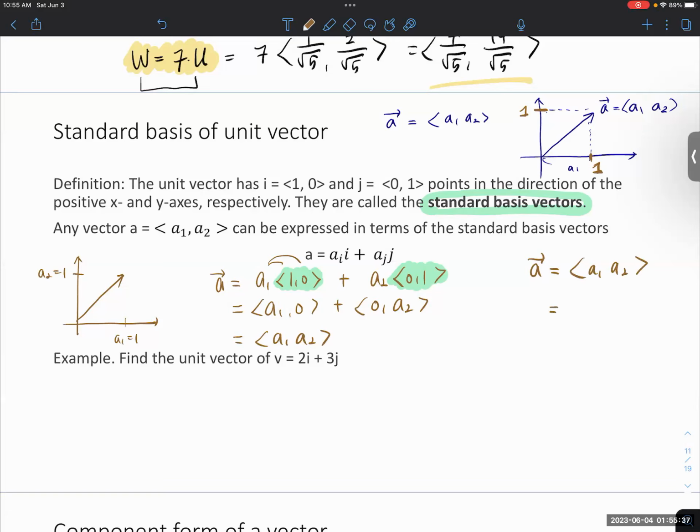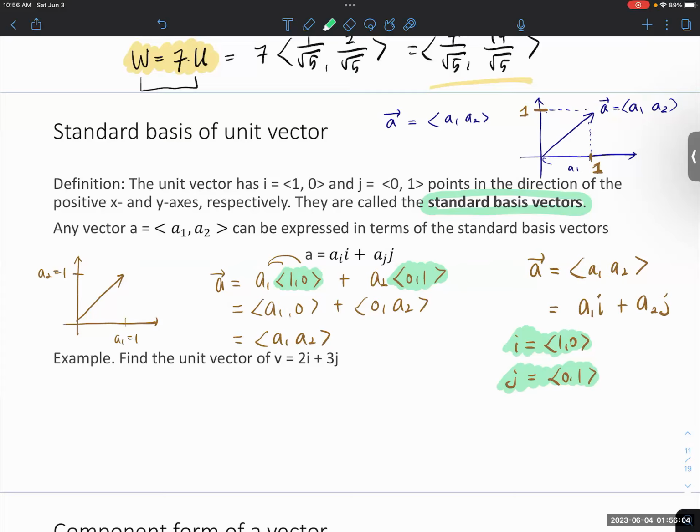You can also write it using standard basis vectors: A1 i plus A2 j. So i is the (1, 0) vector, j is (0, 1). We call these i and j standard basis vectors. Does it make sense to you?